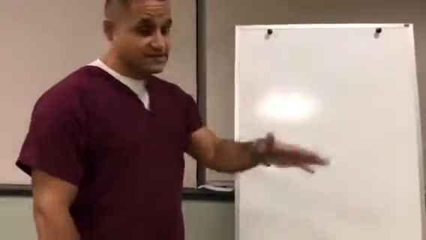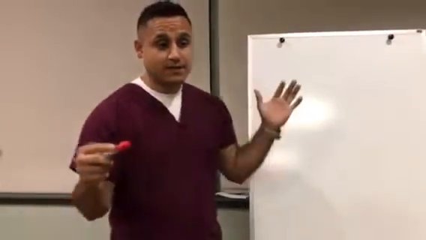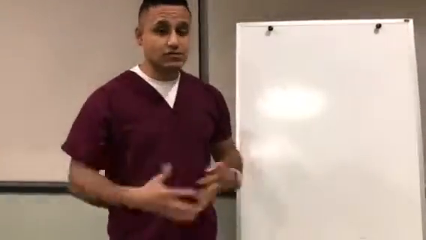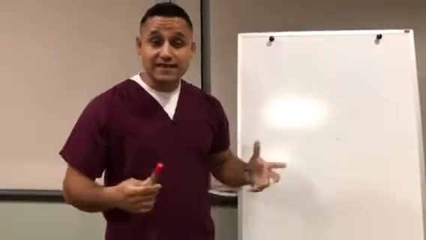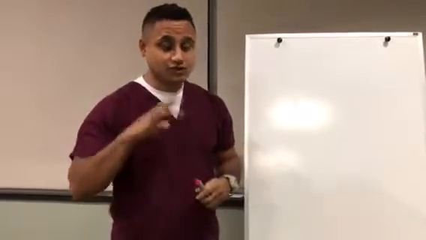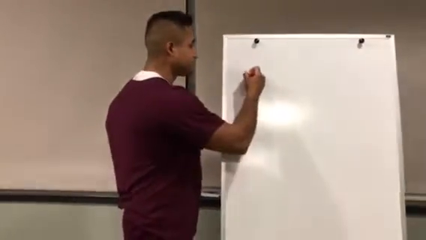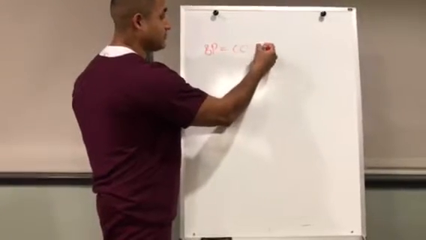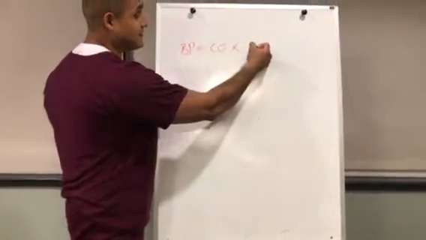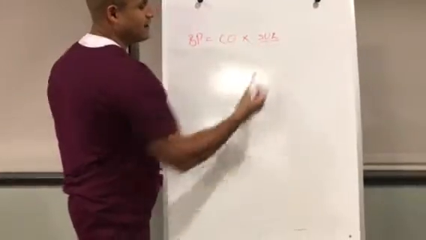One of the first things I want to talk about is blood pressure. Everything we do in the heart is driven by pressure, and we can measure that pressure externally, non-invasively, or invasively. Blood pressure is the product of cardiac output and systemic vascular resistance.